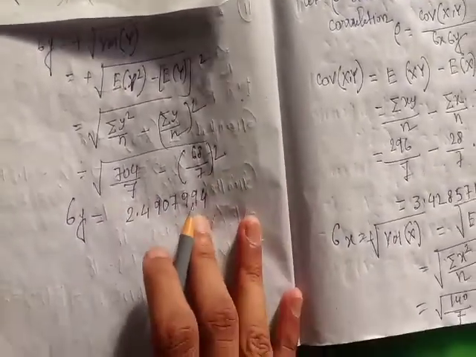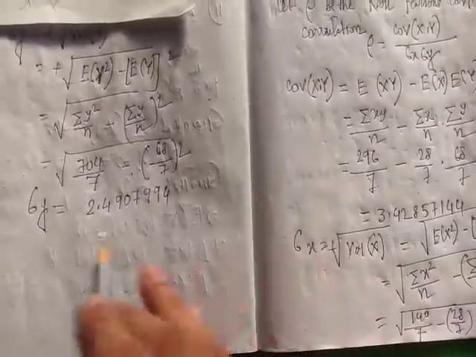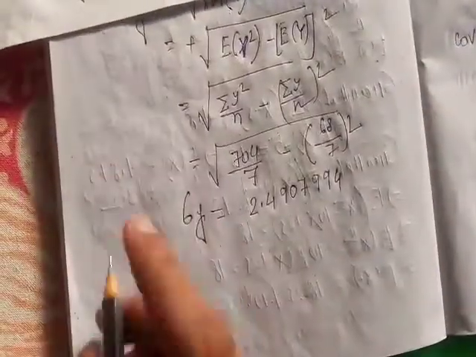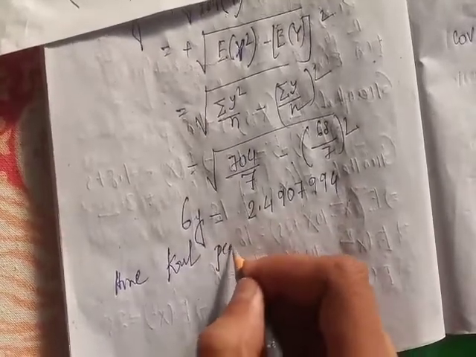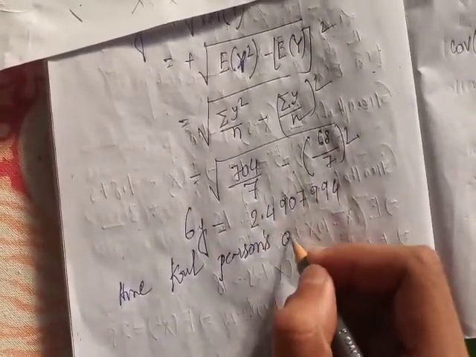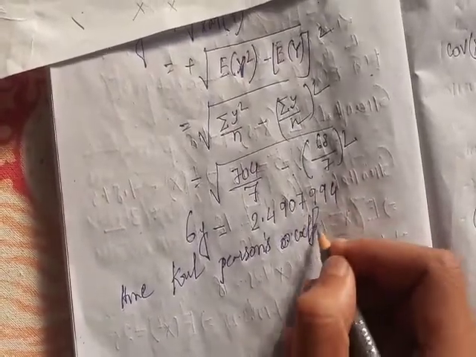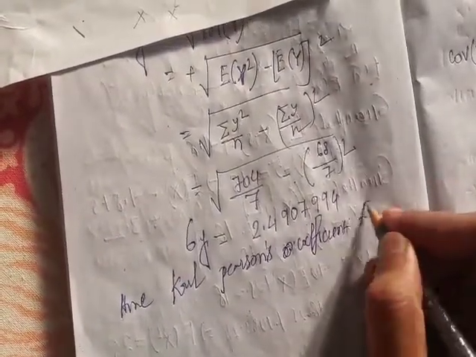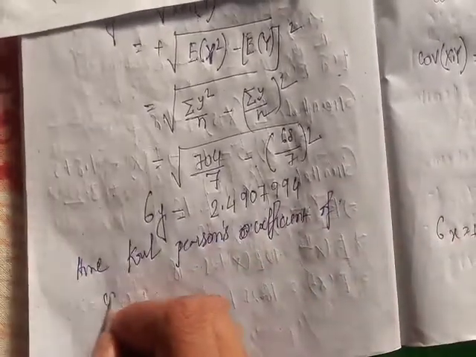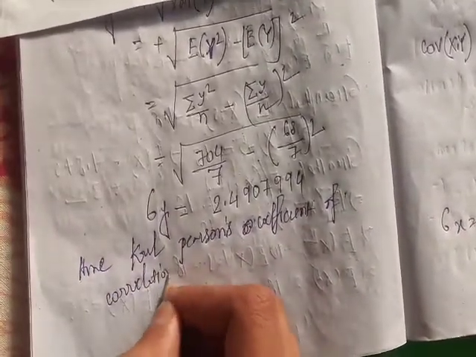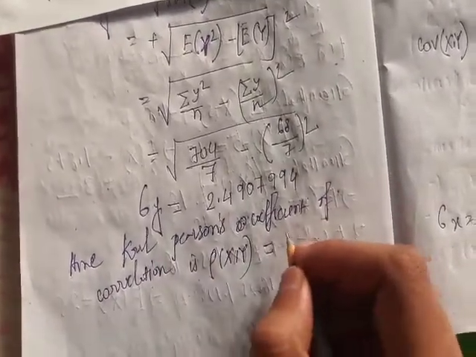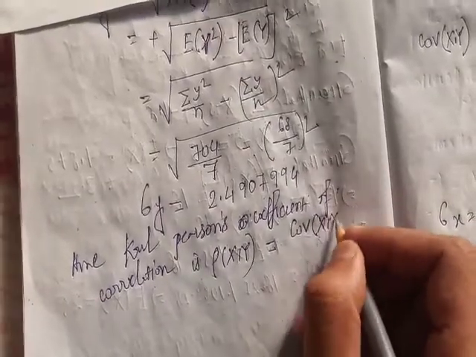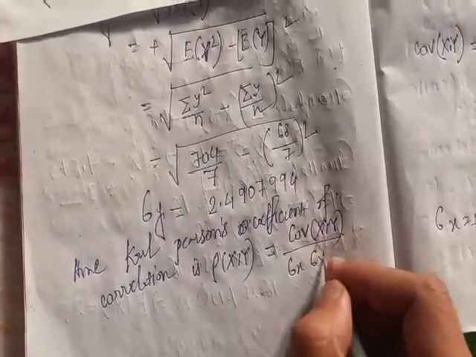So we calculated sigma x, sigma y and covariance of xy. Hence the Karl Pearson coefficient of correlation is rho xy equal to covariance of xy by sigma x into sigma y.